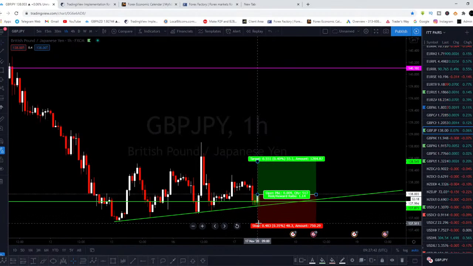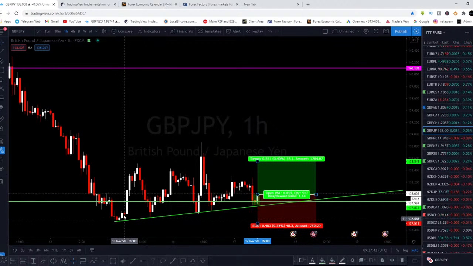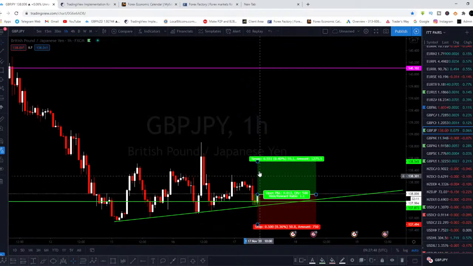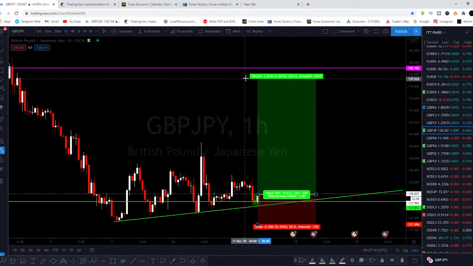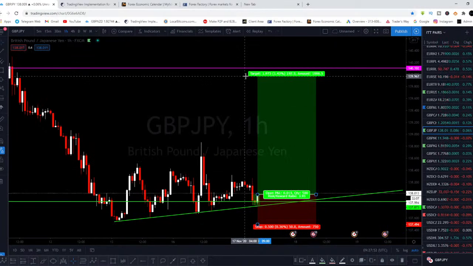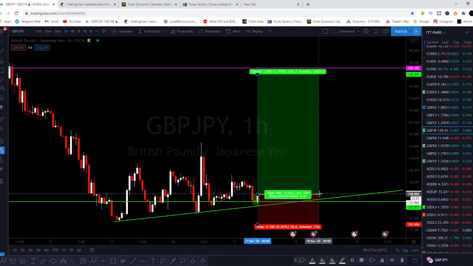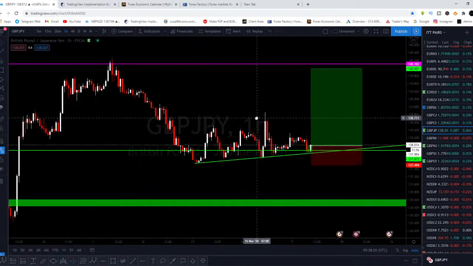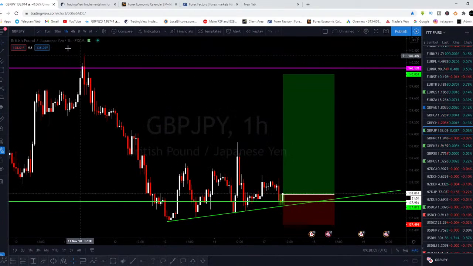And my stop loss is gonna be below this zone, around 50 pips, to make almost 200 pips. This is cool, man. To make around 200 pips is still cool.